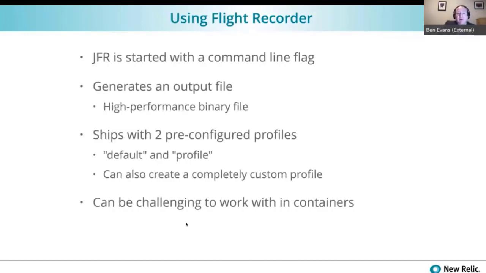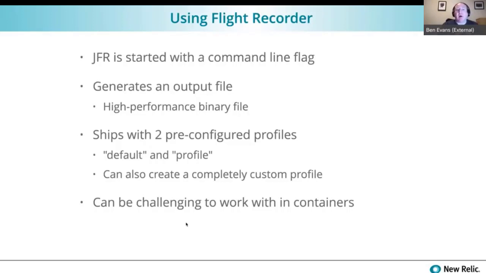So how do we do this? What's the simplest and most classic way of getting started with JFR? You pass a command line flag. So that's the easiest way to do it, is to just say, I'm going to start up my JVM, and it's going to have the command line flag to start a recording.